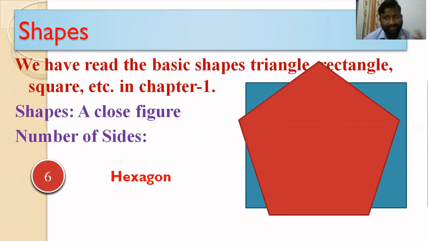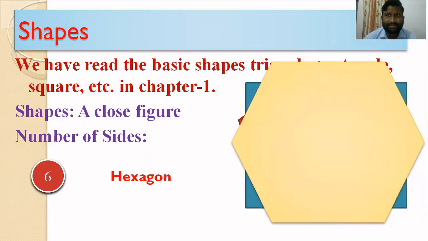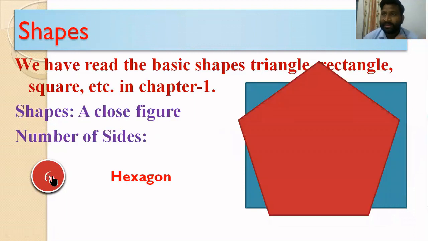And how does the hexagon look? You see here, it has 6 sides, 1, 2, 3, 4, 5, 6. So it is called hexagon. Let us revise it. If there are 6 sides, we call it hexagon. If it has 5 sides, we call it pentagon. Pentagon has 5 sides.